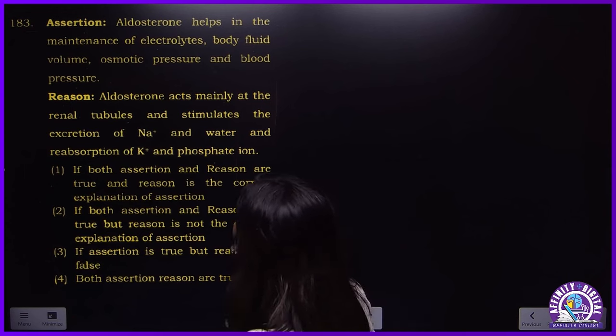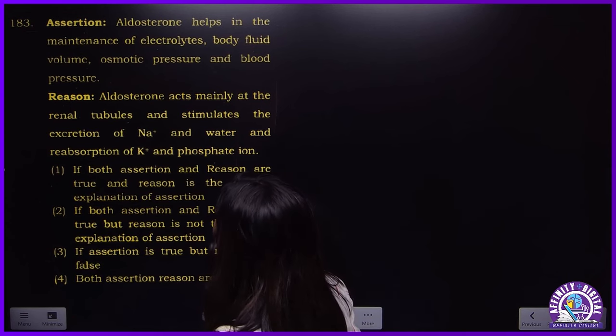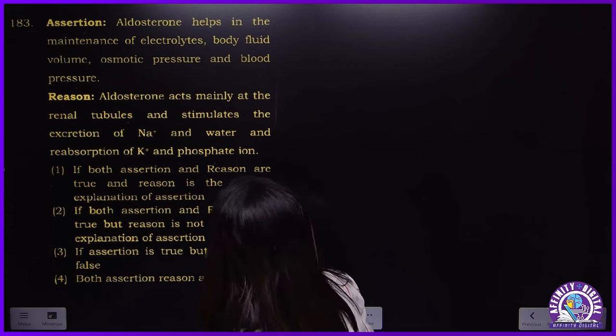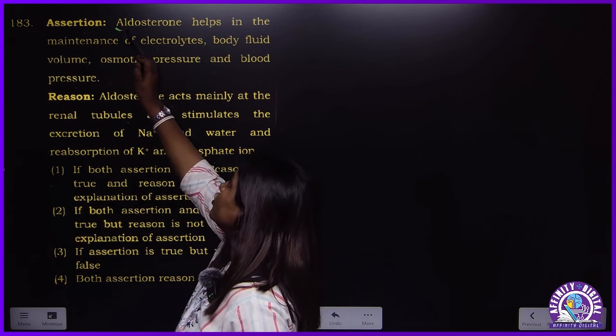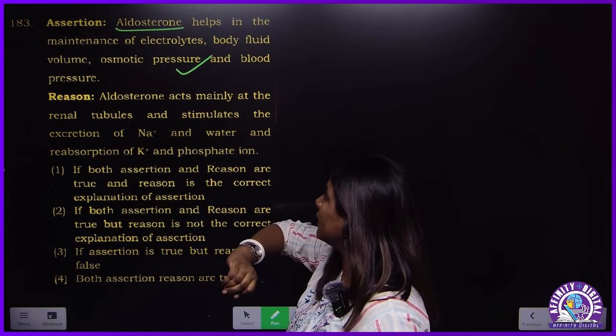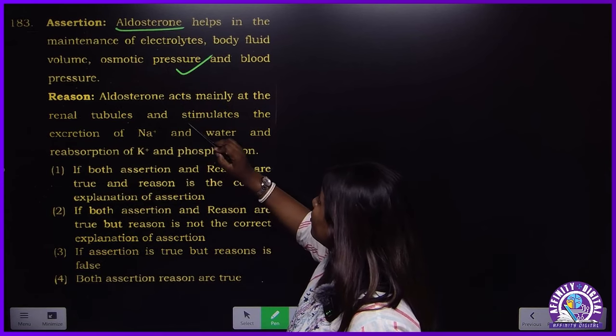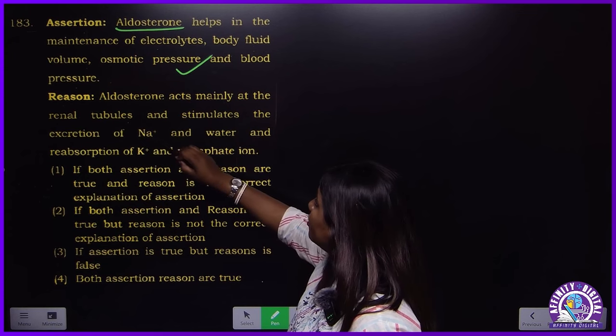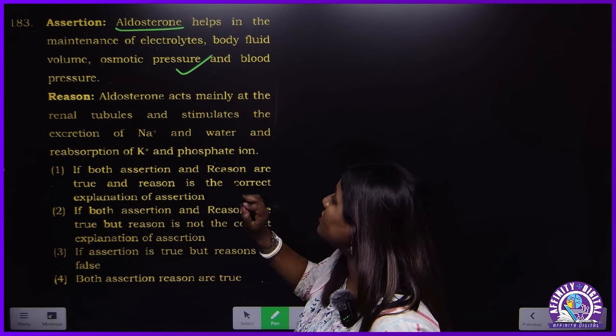Aldosterone helps in the maintenance of the electrolyte, body fluid volume, osmotic pressure and blood pressure. एल्डोस्टेरोन जो हार्मोन है वो इन सब चीजों को मेंटेन करने में मदद करता है. Because aldosterone acts mainly at the renal tubule and stimulates the excretion.